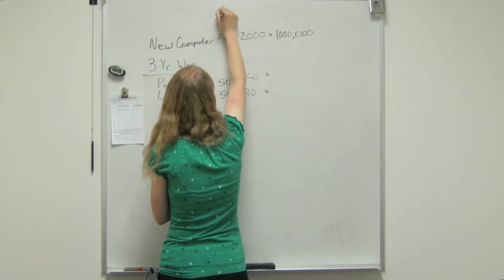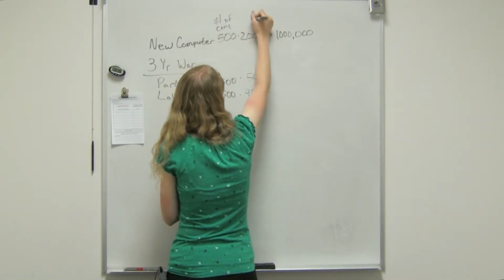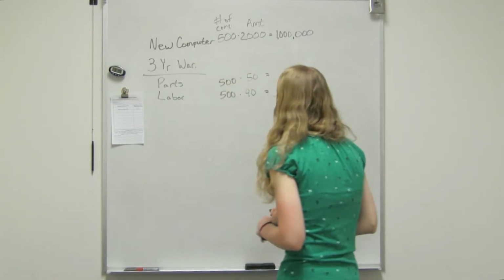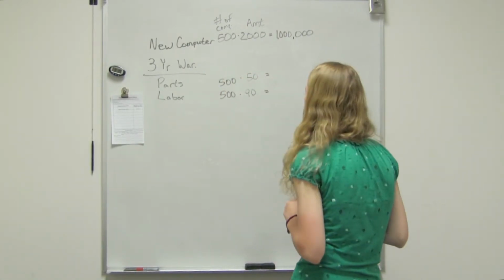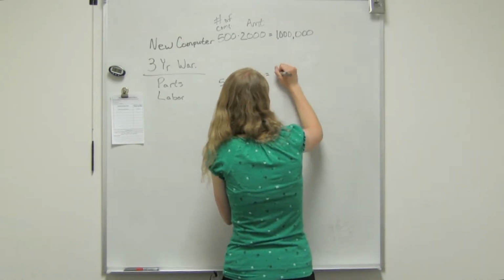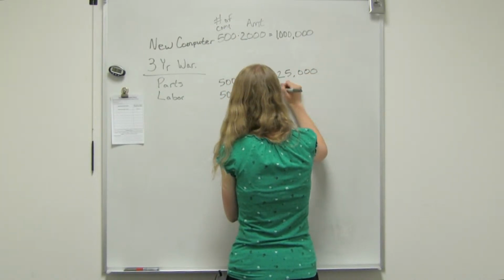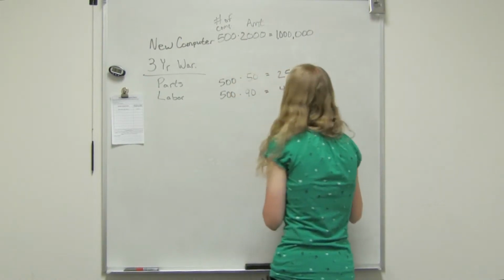So number of computers and amount. I didn't have it set up exactly like that, but it helps to show exactly what's going on. So this is 25,000 and 35,000.